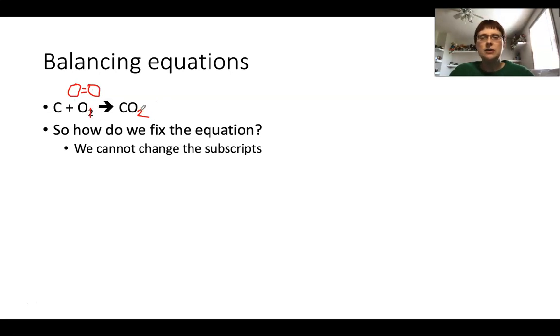We can't put a 2 over here because this compound that we were making is this guy. If we put a 2, then what we're making, oops, sorry, that one, is this. 2 very different compounds.